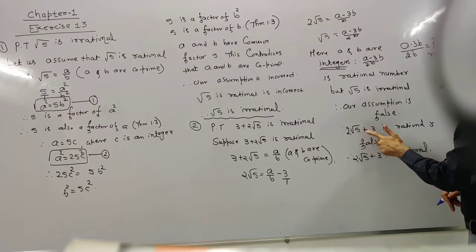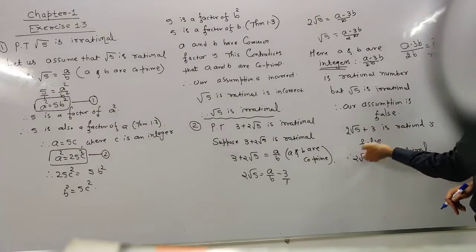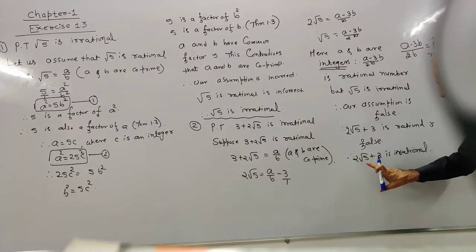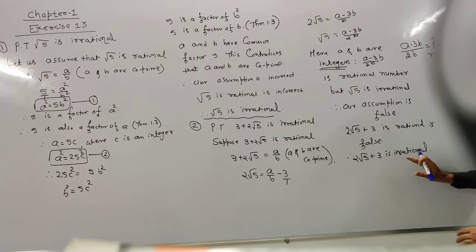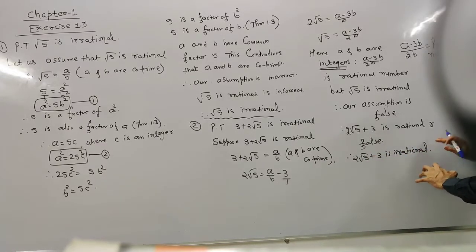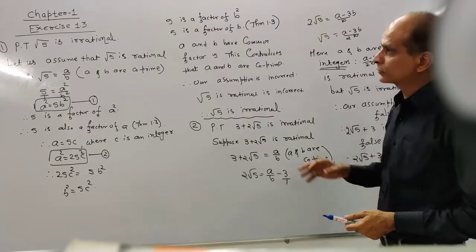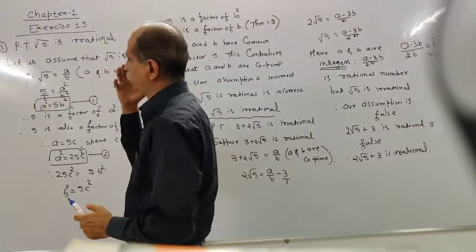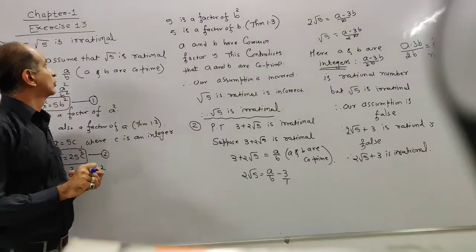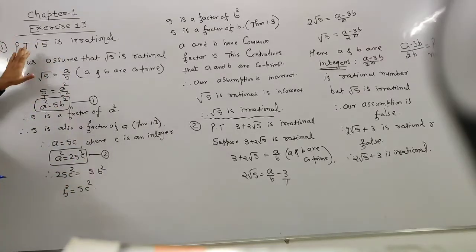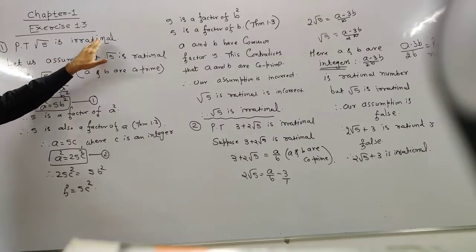So the statement that 2 root 5 plus 3 is rational is false, and that's why 2 root 5 plus 3 is an irrational number. So first prove that root 5 is irrational. You can also prove that root 3 is an irrational number.